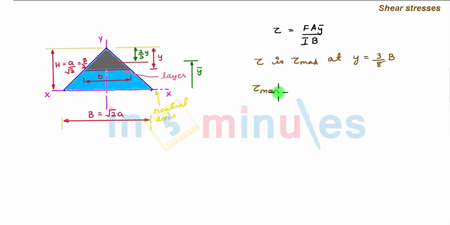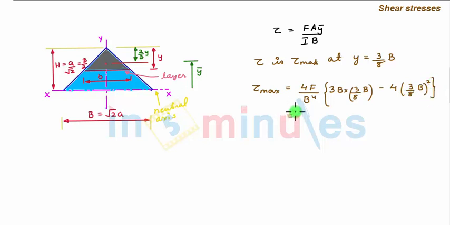So tau max will be given as 4f upon b to the power 4 into 3b into 3 by 8 of b, which is nothing but y, minus 4 into y square, so again 3 by 8 of b square.